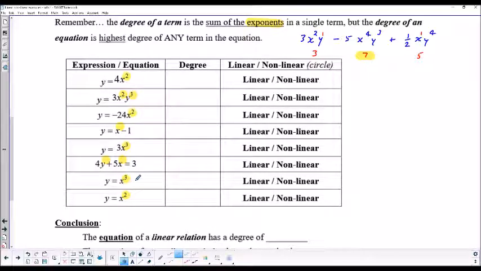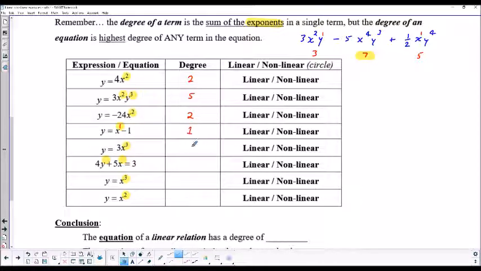So if I take a look at all these, for this equation here, the highest exponent that we see is 2. Here the degree is 2 plus 3, which is 5. Here the degree is just 2. Here we see that there's a 1 there that's not seen. That degree is 1.